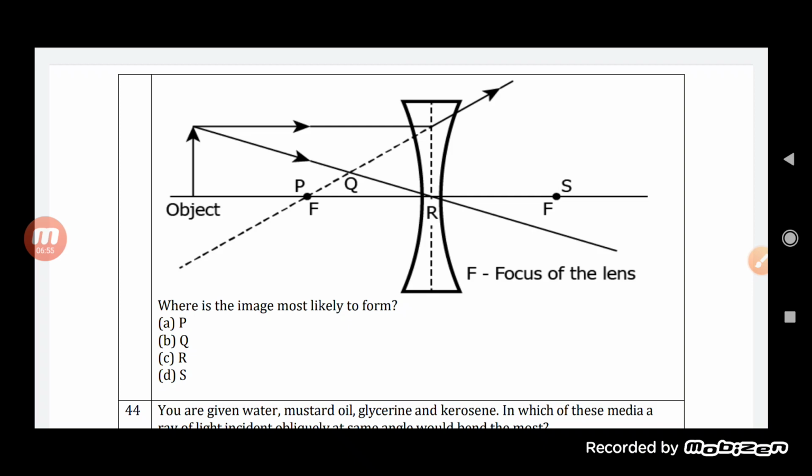The other one passes through the optical center, and when we stretch them back, we find that both rays intersect at a point between F and the optical center, O and F.